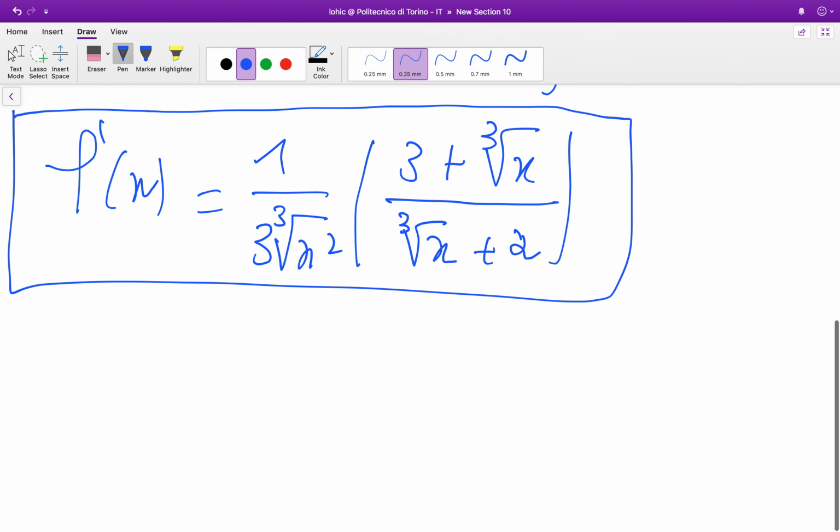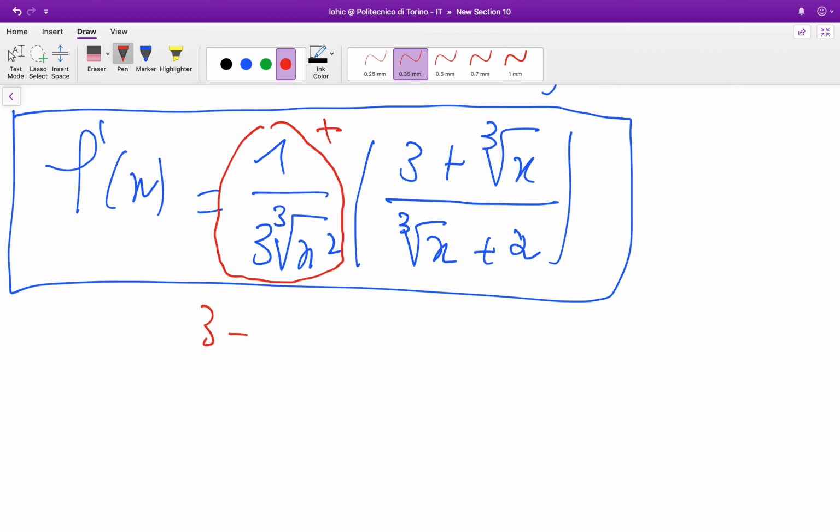Studying the monotonicity means I should study the sign of this function. Please note that the sign of this part here is always positive, right? But we need to study the sign of the other components.